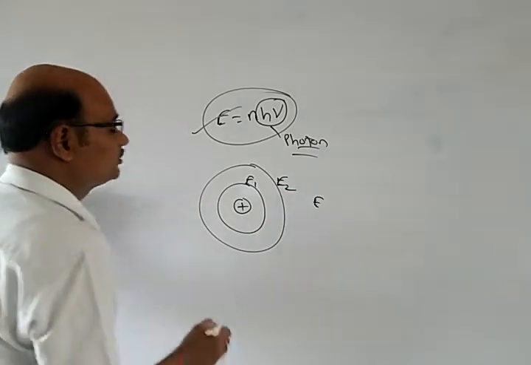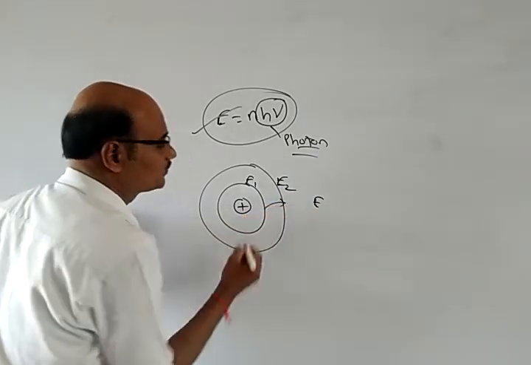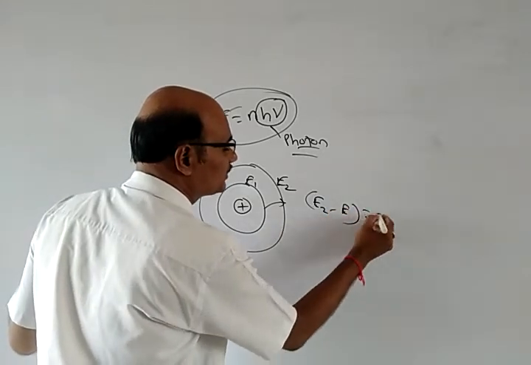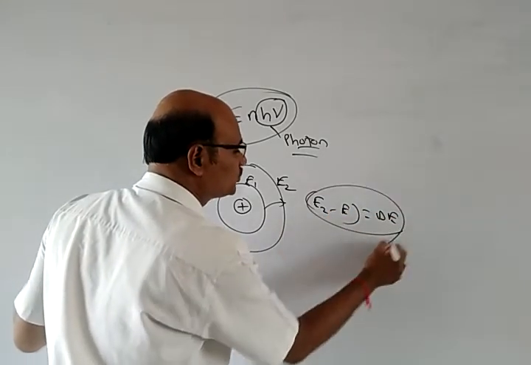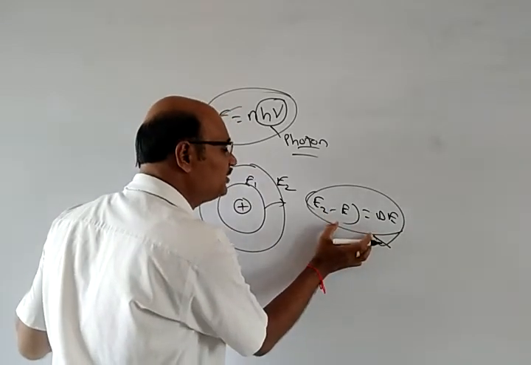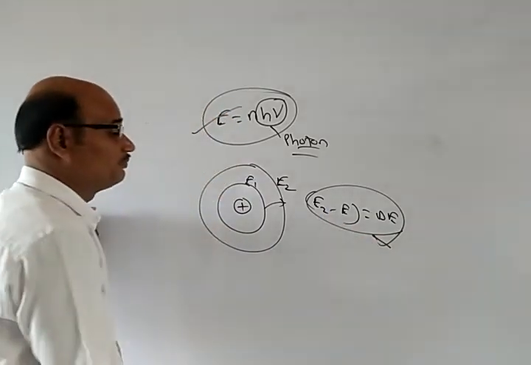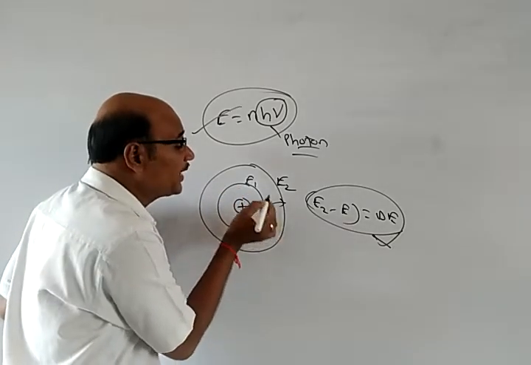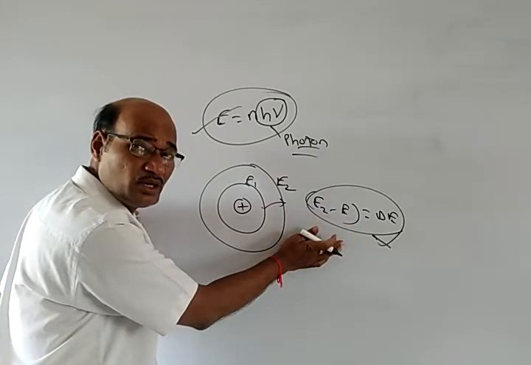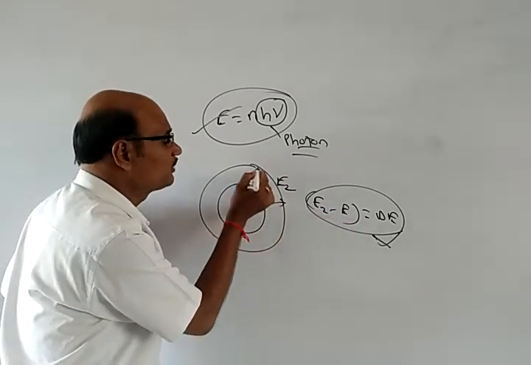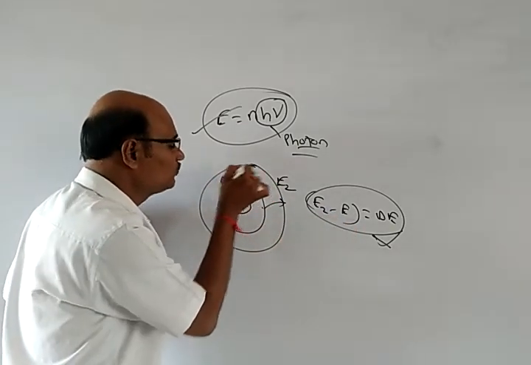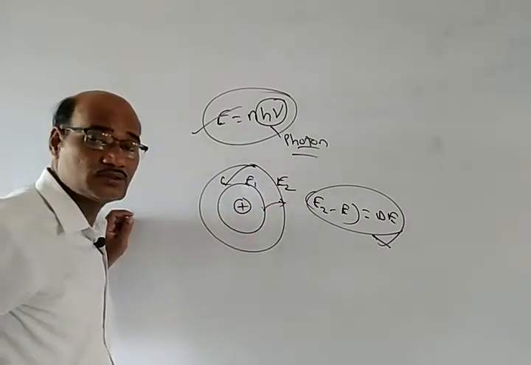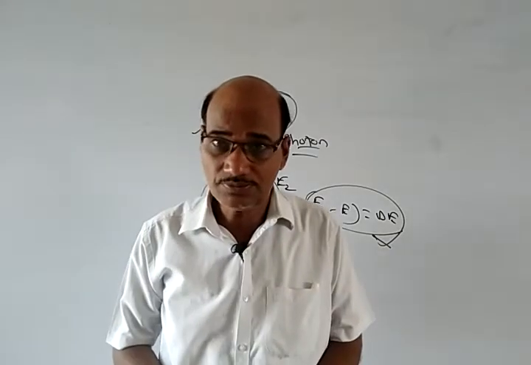If the electron jumps from E1 to E2, delta E equals E2 minus E1. This much energy is gained by the electron, and the same amount of energy is lost if the electron jumps back. So lower to higher is gain of energy, and higher to lower is loss of energy.